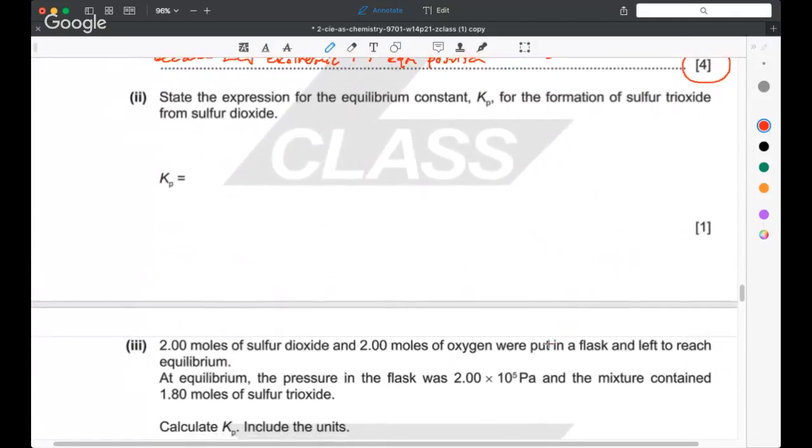Okay, so next one we've got to look at the equilibrium constant in terms of partial pressures. So that means you've got to write an expression here for the reaction that we had, which was balanced, if you remember.